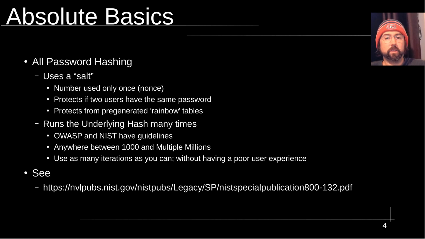The rule of thumb is to use as many iterations as you can without giving your users a poor experience. What etc shadow uses by default is 5,000 iterations of the SHA-512 Crypt algorithm.